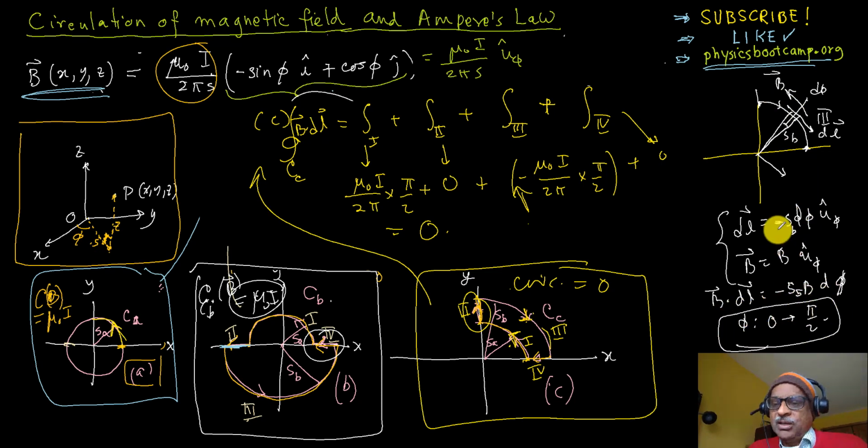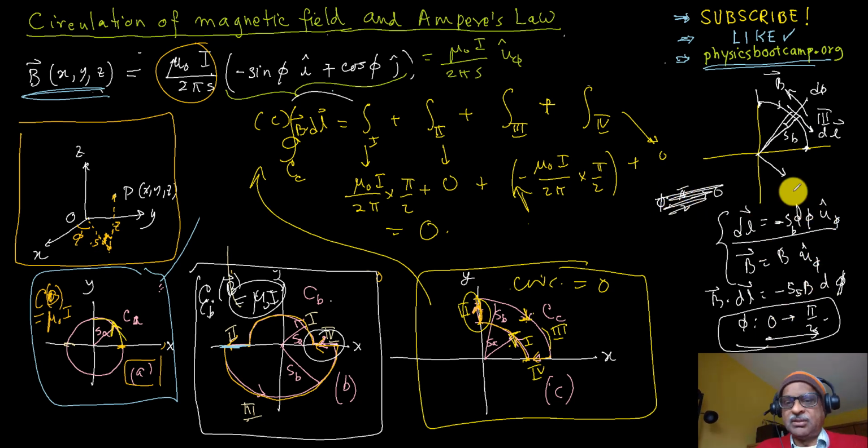Either you include the direction in the increasing phi, or you include the direction in the dl. If you do phi goes from pi over 2 to 0, then you're going to double count the direction. So this will actually give you the wrong answer.